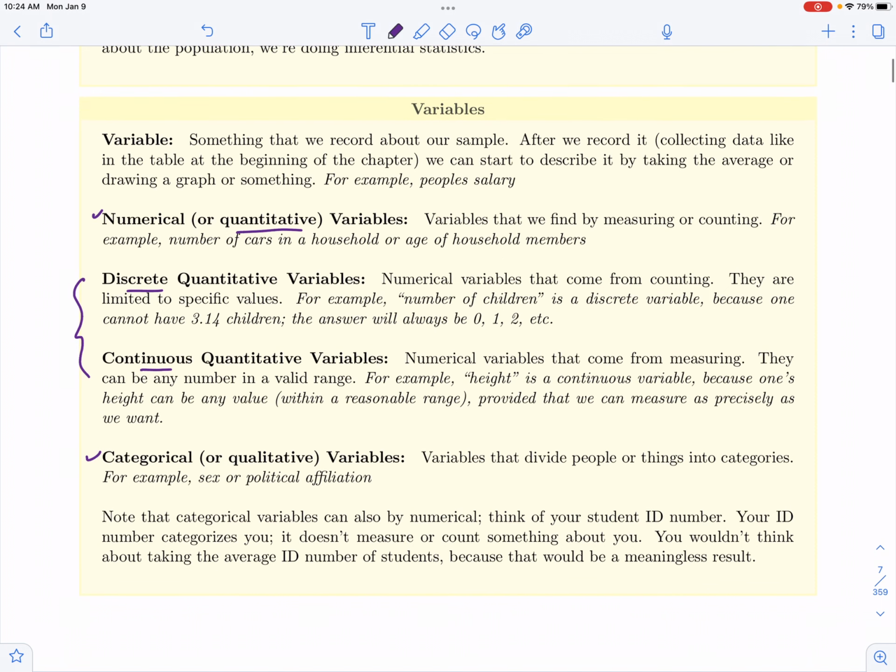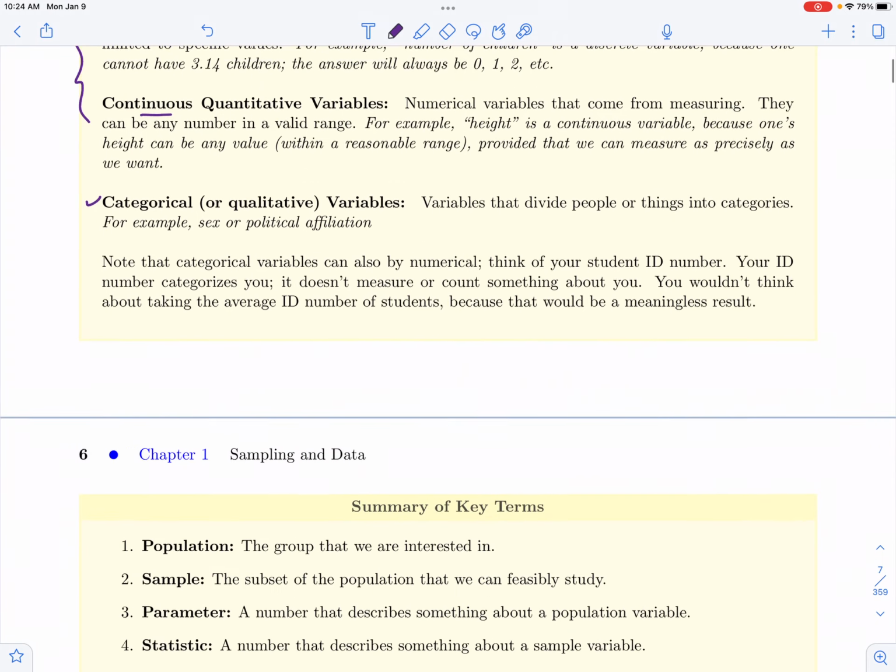Categories can also be numbers, so we just have to be careful that, like, an ID number, someone's social security number, or somebody's phone number would be a category. We just want to make sure that we recognize the difference between them. All right, so that does our variables.